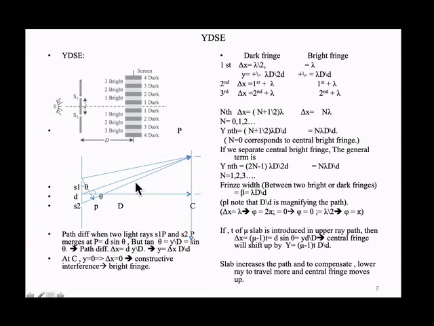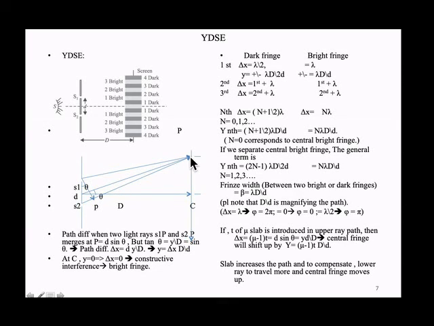happening here. So two rays, one ray from here, let us say at this point P. At this point, what is the path difference between these two rays? If this is d, and I draw a perpendicular to this, this length and this length are equal.